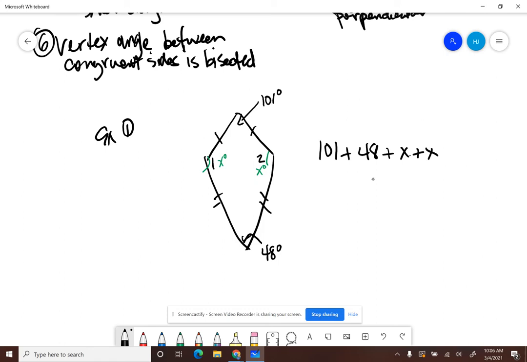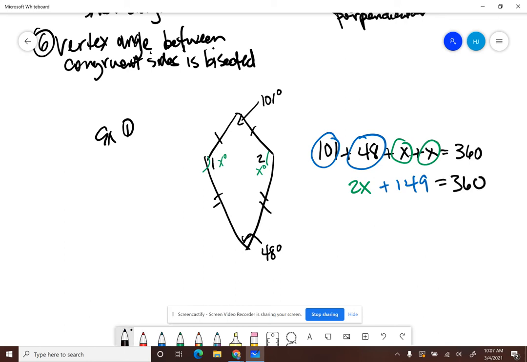I've got 2 of those, and all of that together should add up to 360 degrees. So now I've got the basis for my problem. Again, I'm just going to collect some like terms here. I've got X and X, so that makes 2X. I've got 101 and 48. That equals 149. And again, it is still all equal to 360 degrees.